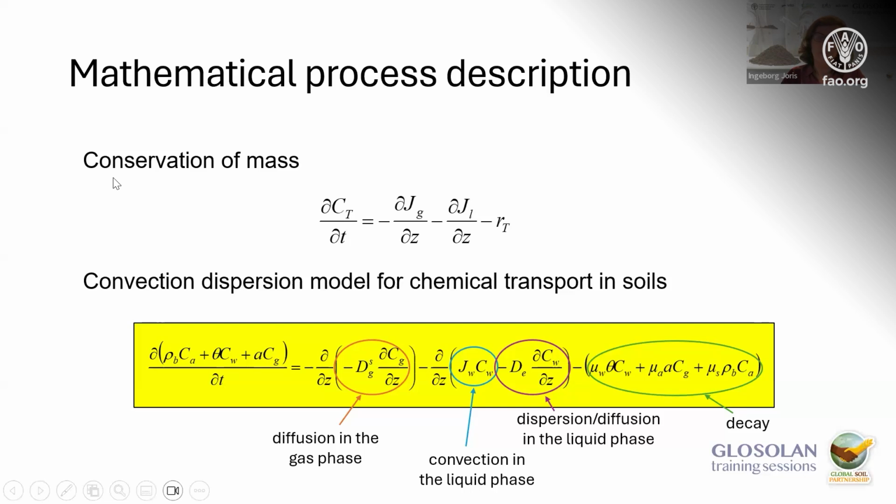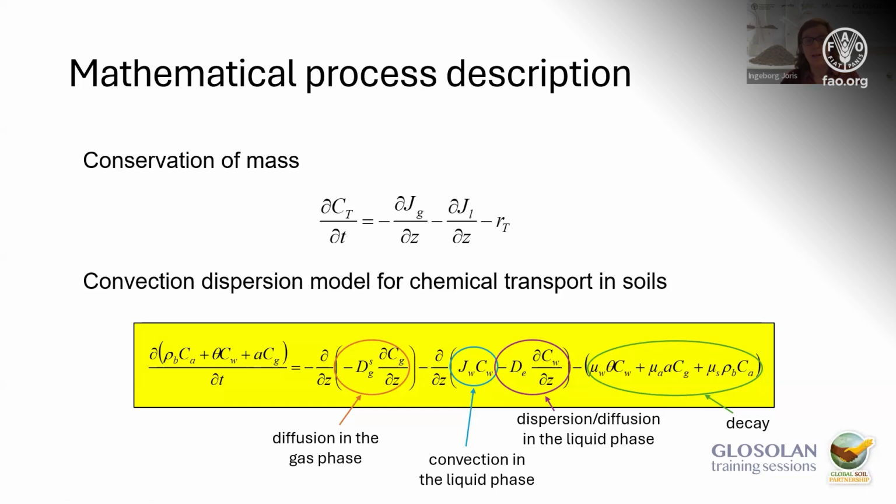For the transport, we have this first equation that describes conservation of mass. It may look a bit complex, but actually it's not so complex. It says that if you have a certain volume of soil, the change in concentration in this small volume is what's coming in minus what's going out, both in the gas phase and in the liquid phase, minus what's degraded.